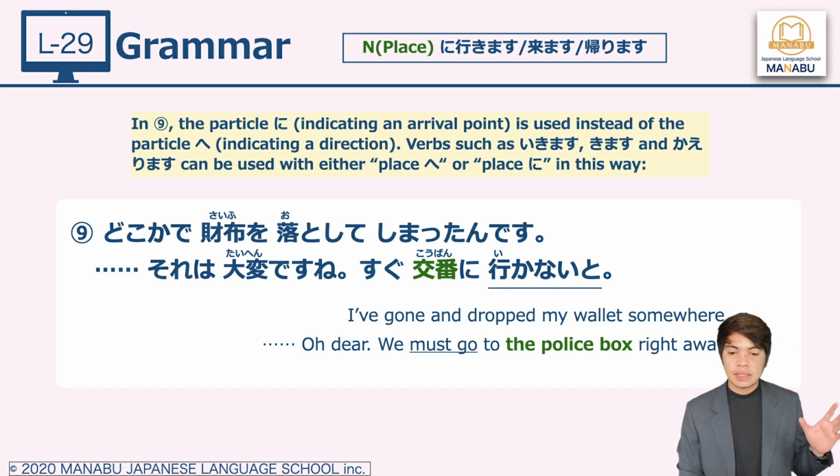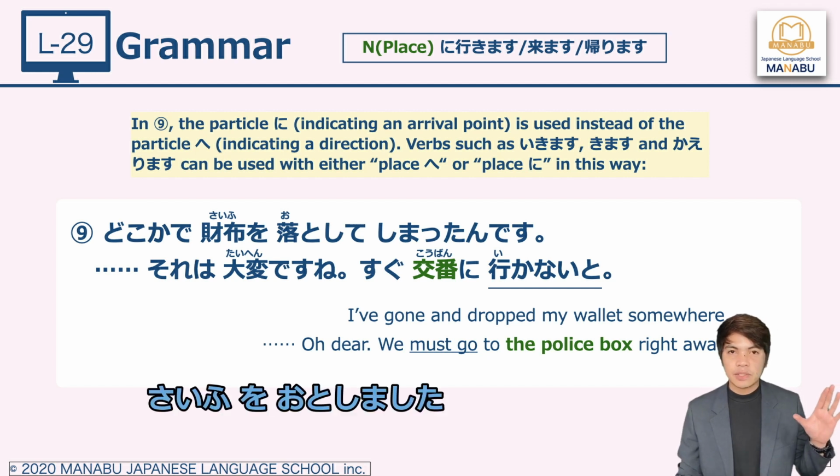So verbs such as ikimasu, kimasu, and kaerimasu can be used with either the particle e or the particle ni in this way. So, example number 9, どこかで財布を落としてしまったんです。From the 財布を落としました, I dropped my wallet.